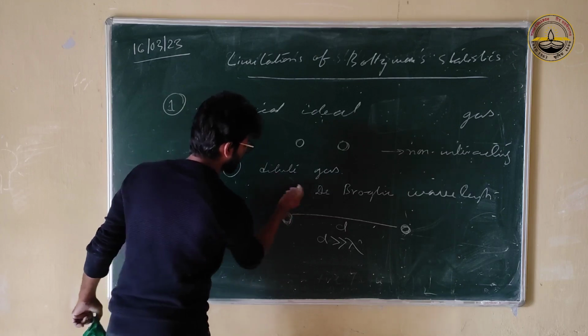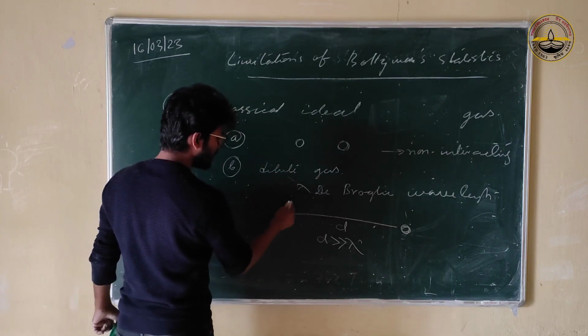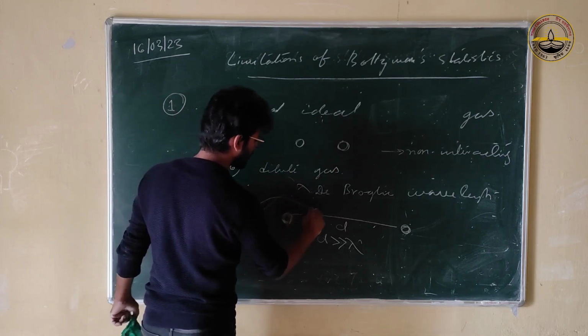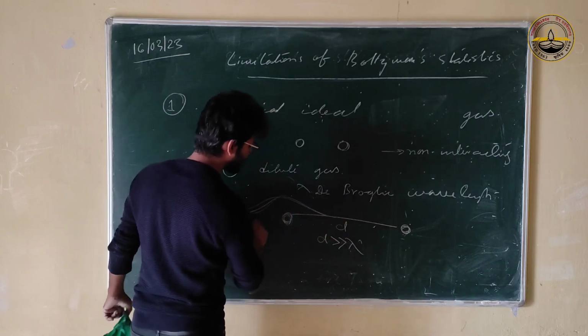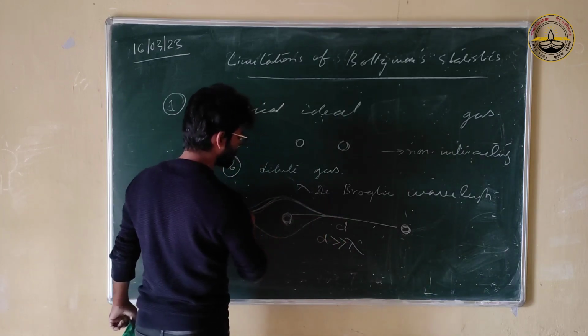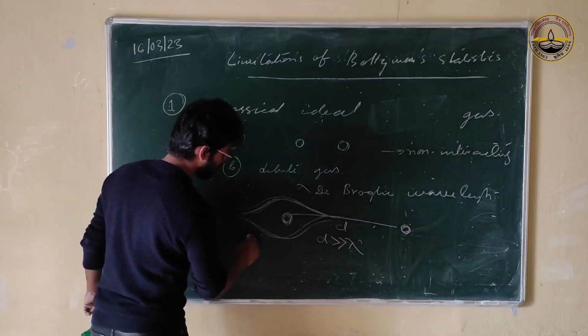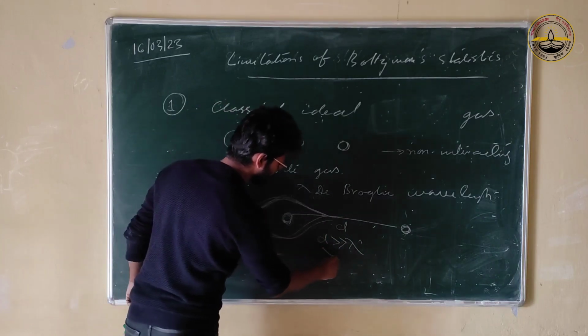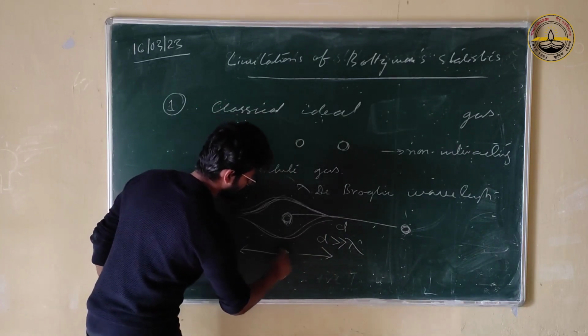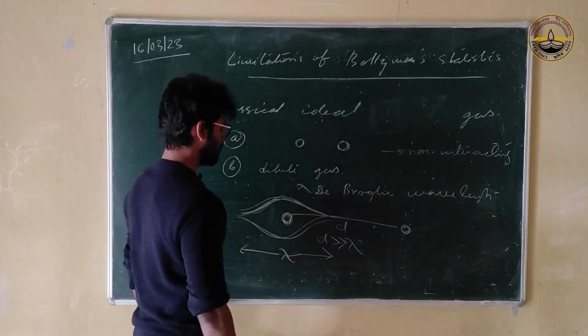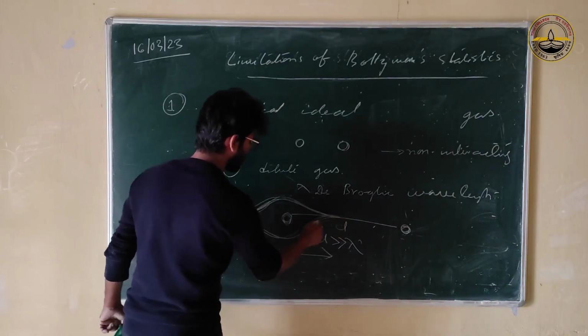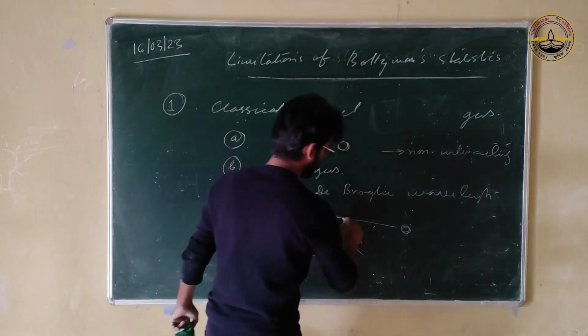What that means is that, quantum mechanically speaking, each individual particle has a wave packet associated with it, and the spread of this wave packet is about the de Broglie wavelength.